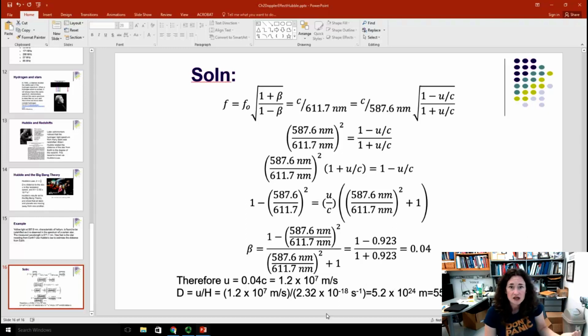Now that's a big number, but let's put it in context. If you convert that number to light years, which I think more people understand is a really big number, right? Then you end up with about 550 million light years. So that star is 550 million light years distant from us. I think we can all agree that's a pretty epic distance in terms of our everyday experience.